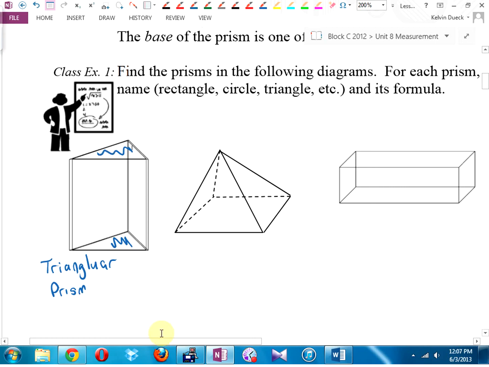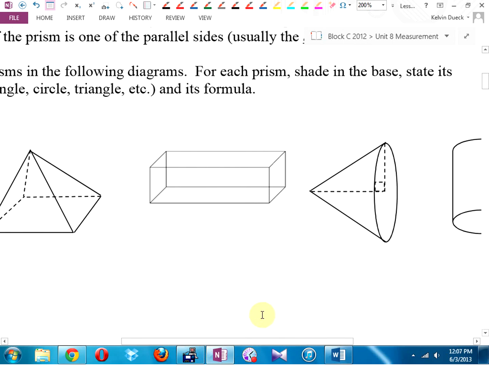What about second shape? Prism? No, that's going to be called a pyramid. What about third shape? Yep. What's the base shape? So lots of parallel sides. I'll shade in this one, and this would be a rectangular prism.